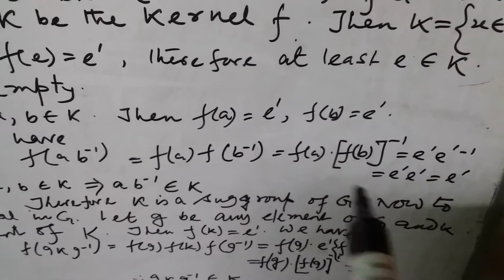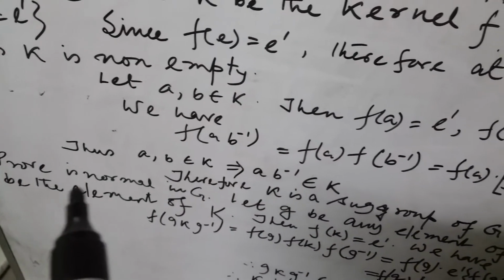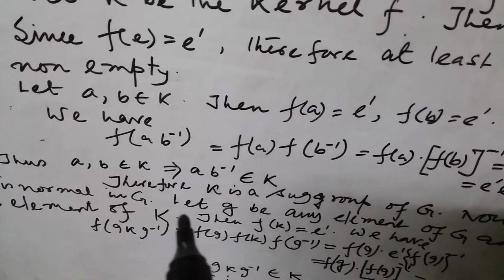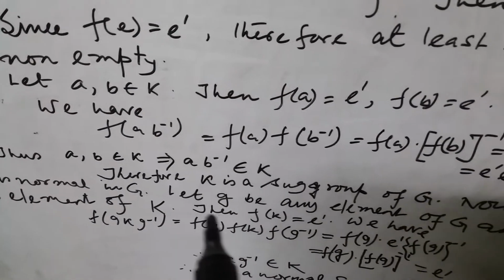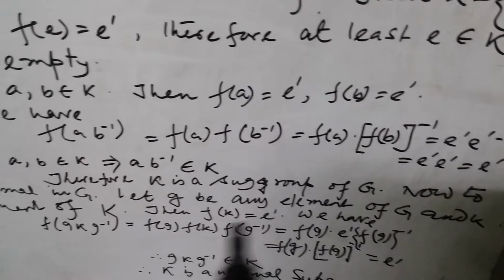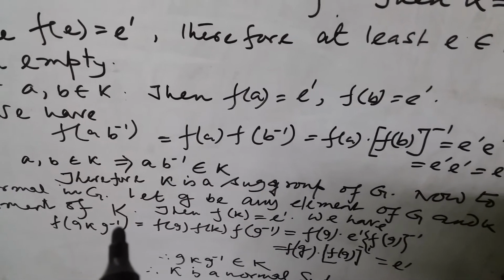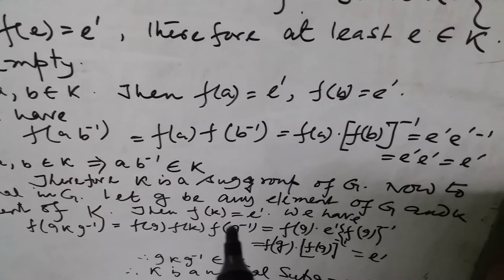Now we prove it is normal. To prove K is normal in G, let g be an element of G and k be an element of K. Then Fk is equal to E dash. We have F(gkg inverse), from homomorphism we can write Fg Fk Fg inverse.